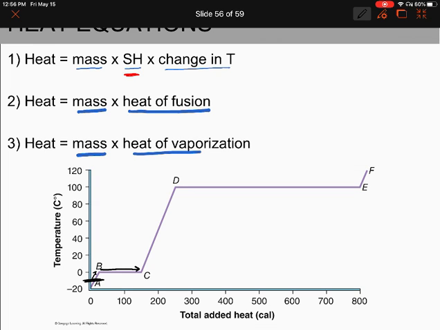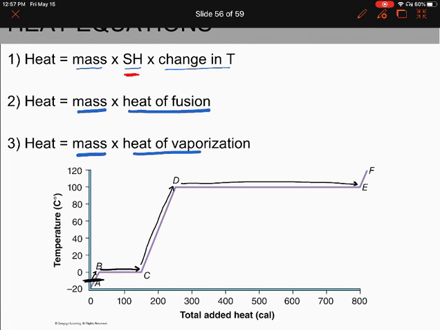So we also need to increase the temperature of the liquid to the boiling point and then boil the liquid. This tells us we have 4 different steps. In the first step, we're heating the ice. In the second step, we're melting the ice. In the third step, we're heating the liquid. And in the last step, we're boiling the liquid.